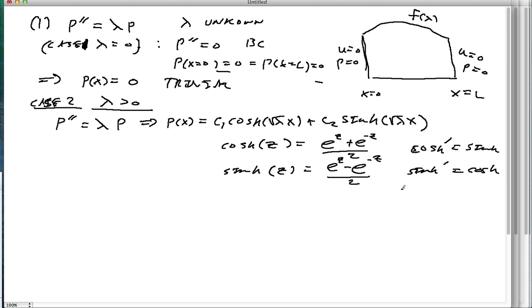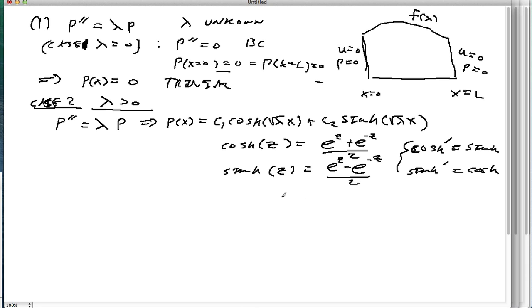So the only difference between sine and cosine and hyperbolic sine and cosine is that the hyperbolic versions do not alternate sign as they cycle through their derivatives. You take two derivatives and you end up with the positive copy of the original, not the negative.